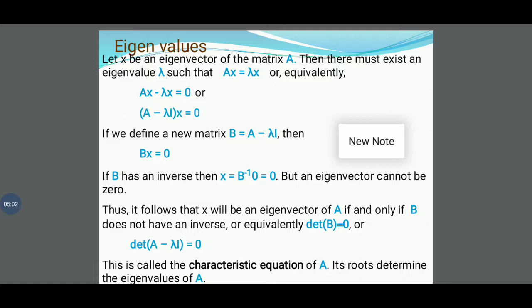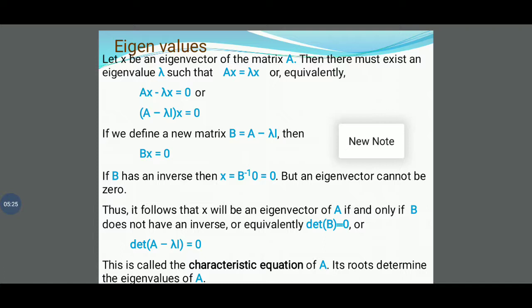This is called the characteristic equation of A, and its roots determine the eigenvalues of A. If we find the determinant of A minus lambda I, we get the required eigenvalues. A minus lambda I or lambda I minus A, we can consider; both these cases are the same.